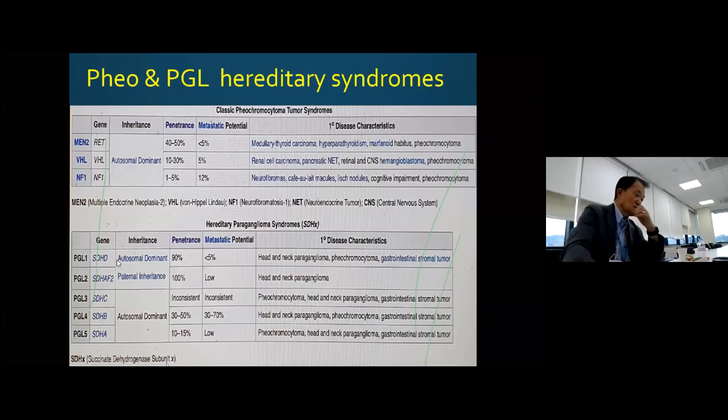So usually gene profile shows this kind of SDH. VHL is another common, and NF1. So if these are all recognized, then you have to check for other renal cell, pancreas, hemangioblastoma, in addition to pheochromocytoma.